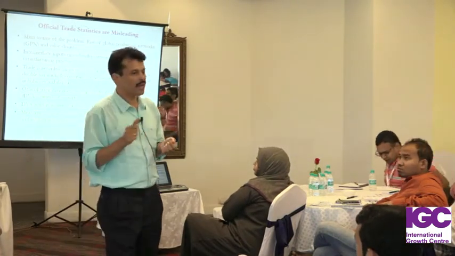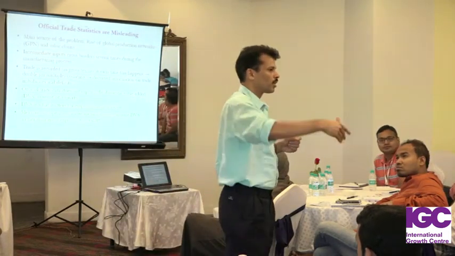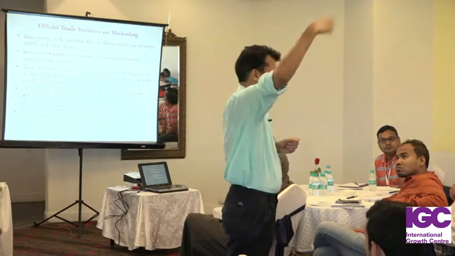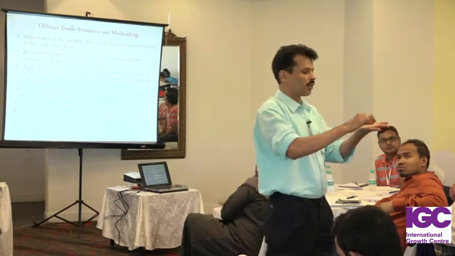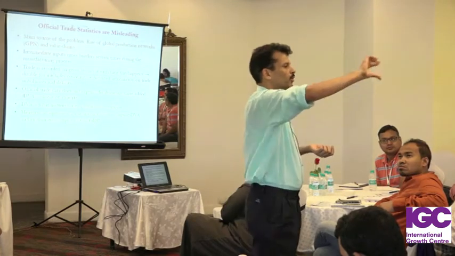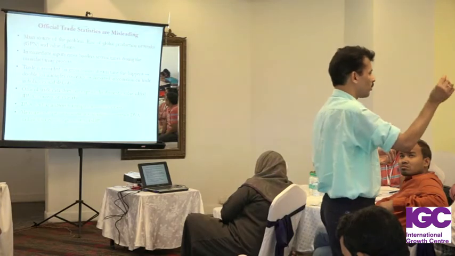Now the problem with this is that if you collect trade data when this is happening, then what happens? When China is exporting an iPad from China to the US or to any other country, the Chinese customs officials will record the value of whatever good is going. It will not record the domestic value addition.